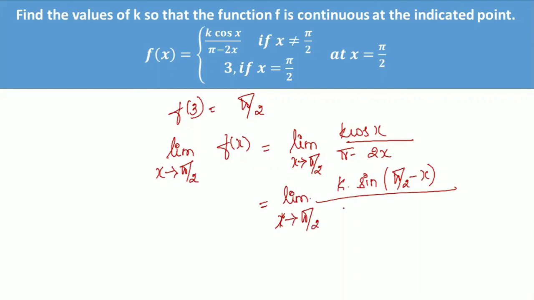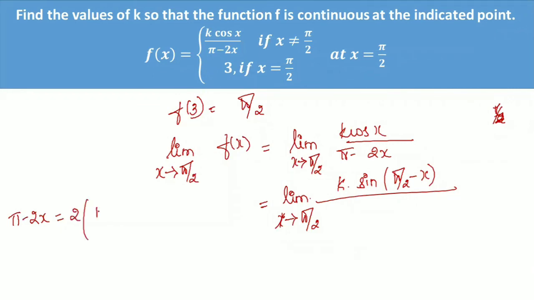Okay, and then from the denominator, I have made a mistake. From the denominator, I'll take 2 common, not 1 by 2. What is the denominator? Pi minus 2x. From that, I'll take 2 common.